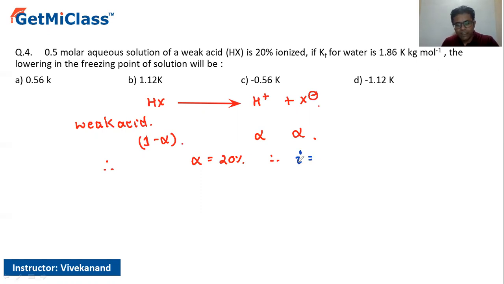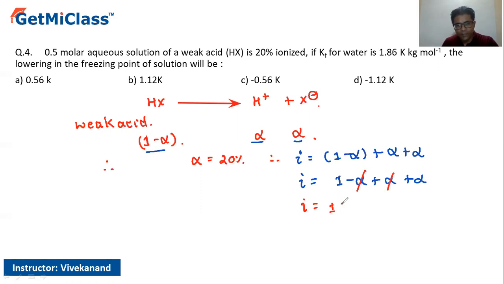Van't Hoff's factor i, that is equal to 1 minus alpha plus alpha plus alpha, right? So therefore, i is equal to 1 minus alpha plus alpha plus alpha. So these particular alphas will get cancelled. So i is equal to 1 plus alpha, right?